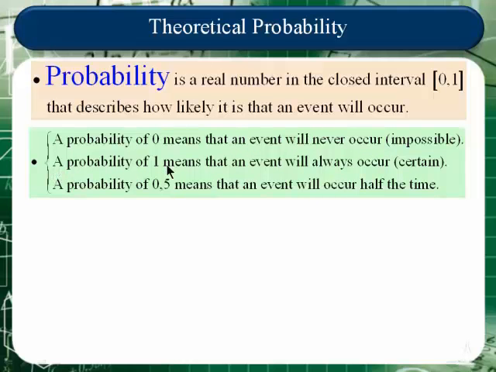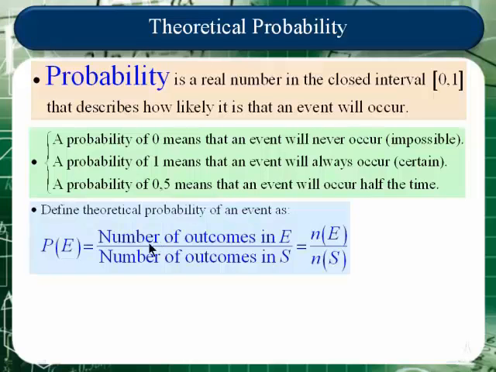A probability of 1 means that an event will always occur, so in other words, it's absolutely certain. While a probability of 0.5 or 50% means that an event will occur half the time, or there is a 50-50 chance that it may occur.